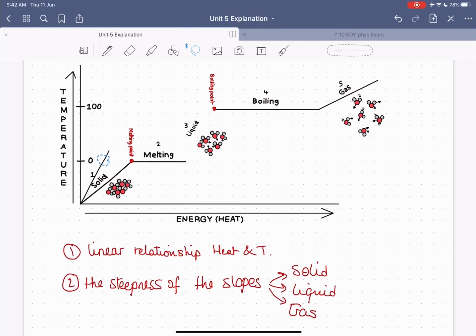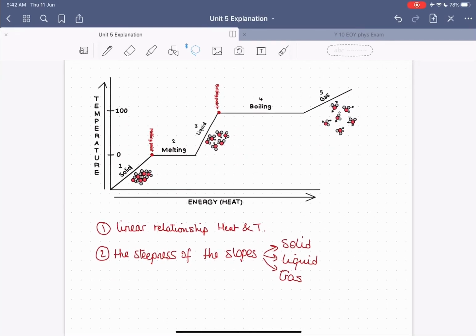You see how it's steeper? And if I take the gas, compare it to the liquid, it's less steep than the liquid and less steep than the solid. So why is that? Why do you think we have different steepness of the slope? When I say different steepness, it means a different rate of increase of temperature relative to the energy.